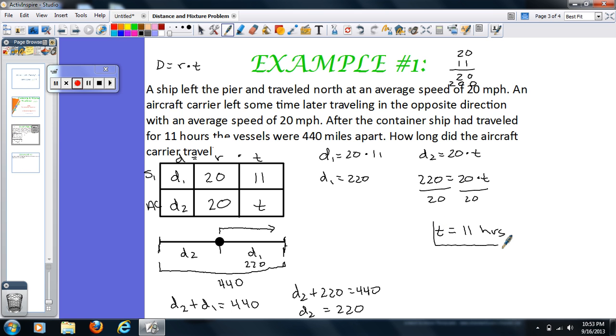Okay? And that gives me the time. So that tells me that the aircraft carrier then traveled for 11 hours as well. So it just so happens to work out that the first ship traveled the same distance as the second ship. But this would be how you do it, regardless of how long or how fast each ship travels. Okay?